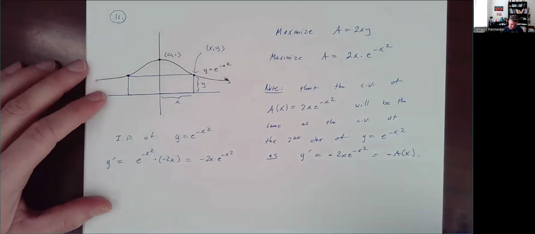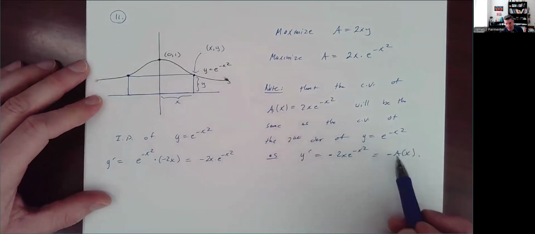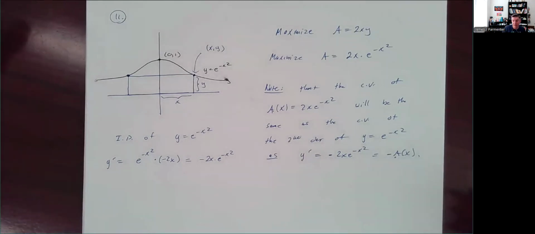So whether you're taking the derivative of this and setting it equal to 0, or the derivative of that and setting it equal to 0, either way you're setting A prime equal to 0 and getting the same critical value.